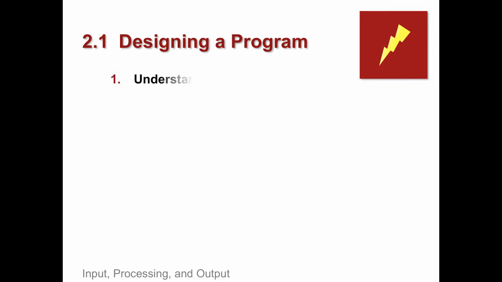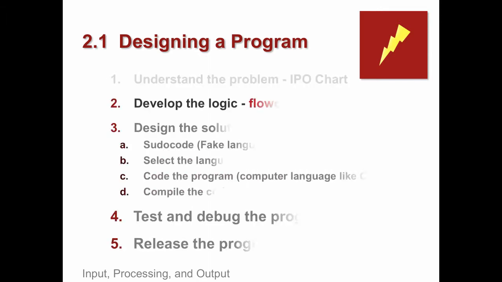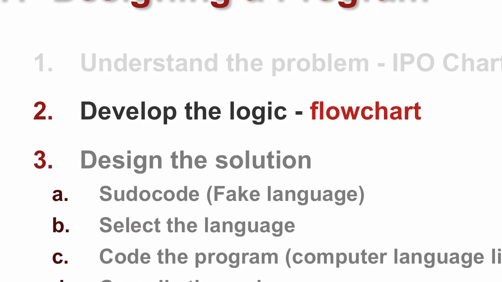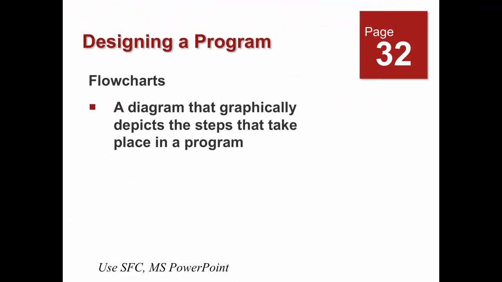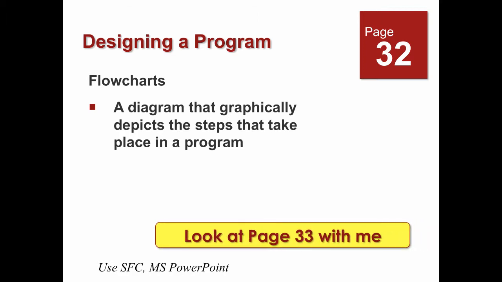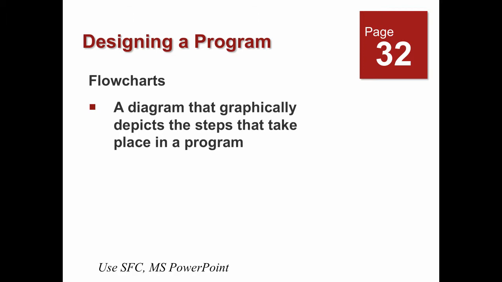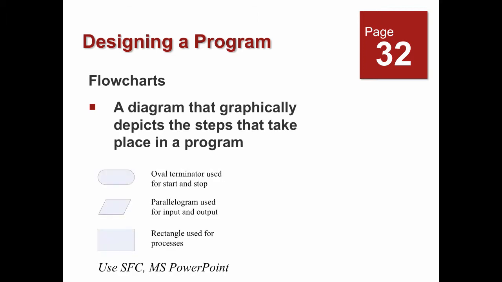Back to our designing overview. We said we're going to design the IPO chart, and then we're going to develop the logic. So if we're going to develop the logic, then that's going to be called a flow chart. So what does a flow chart do? Well, basically a flow chart is a diagram that graphically depicts the steps that take place in a program. If you want to see what one looks like, take a look at page 33 with me. Page 33 says that there are certain graphical elements that we can use to depict the process of a program.